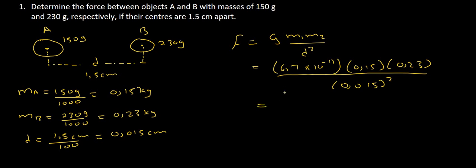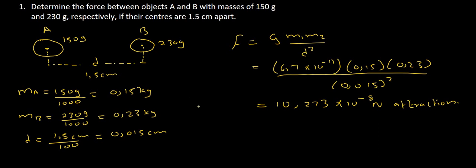Remember to always square your distance. Then when we punch it on our calculator, we get 10,273 multiplied by 10 exponent negative 80 Newton. And the force is always the force of attraction. Then write attraction.